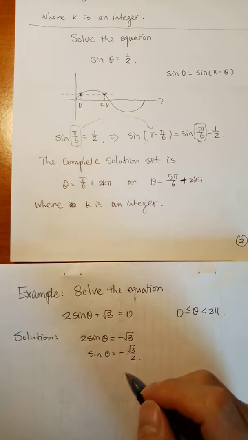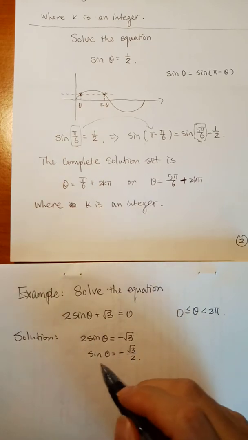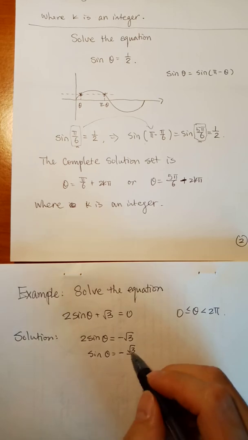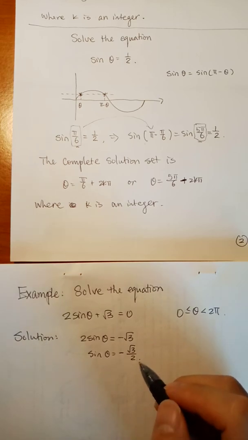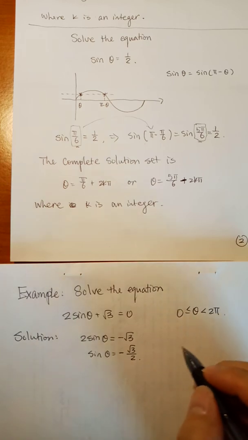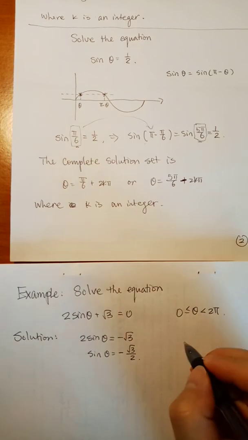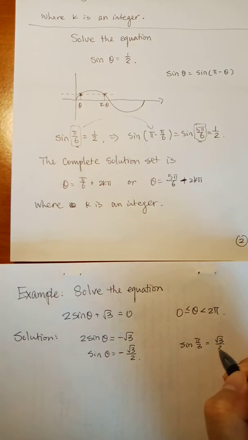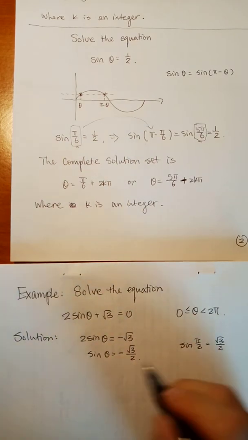We normally just memorize the sine for the positive value. So we know what angle gives us sine equal to square root of 3 over 2. So sine pi over 3 is square root of 3 over 2. But it's positive without the negative sign.